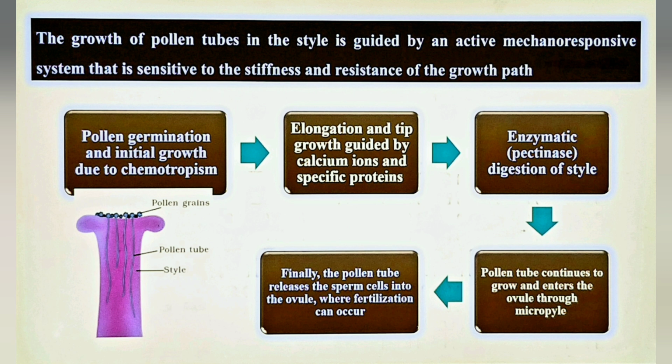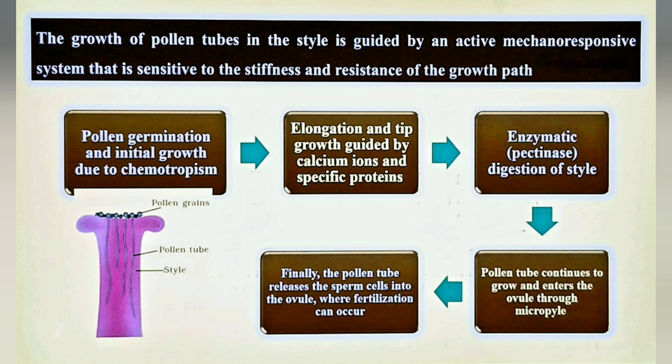Then we see enzymatic digestion of the style, especially pectinase, which is the key enzyme here. Pectinase digests pectin that offers resistance to the pollen tube, and once this gets digested, growth becomes easier.